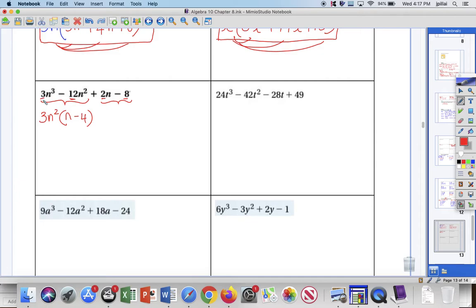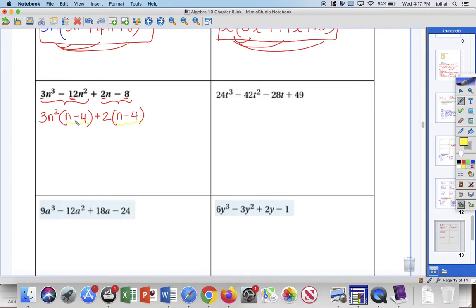I hope you're understanding, and it reminds you of what we did earlier. Plus 2 and 8. The only common factor is 2, and there's no other variable. So when you factor out a 2, you'll end up getting n minus 4. Does this remind you of that previous section?